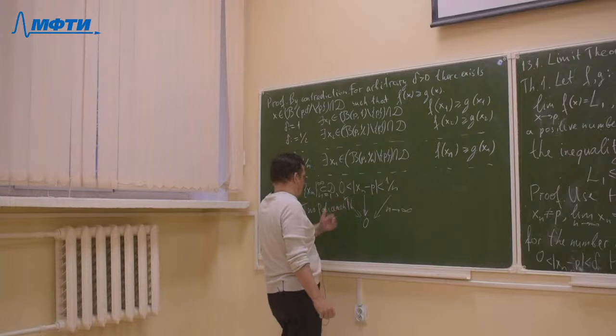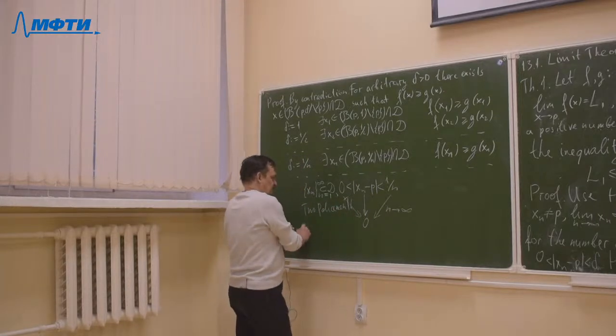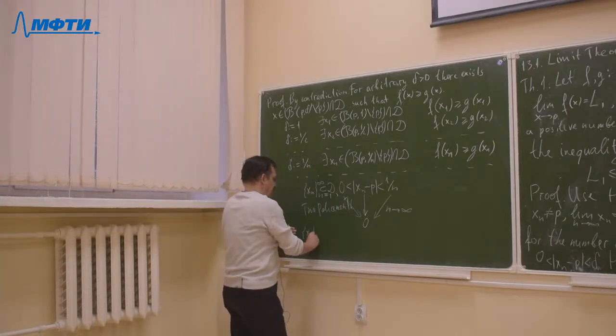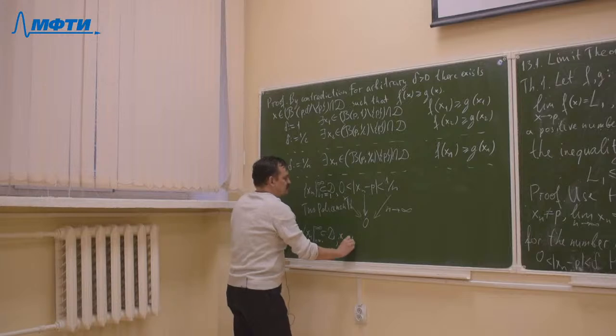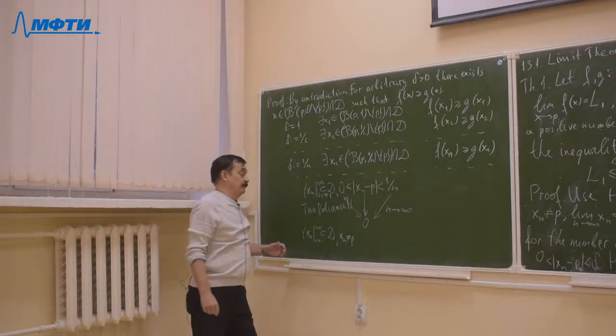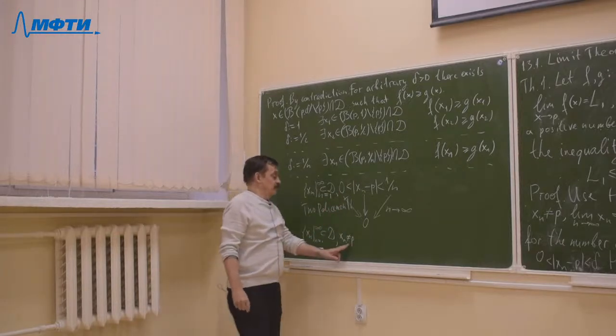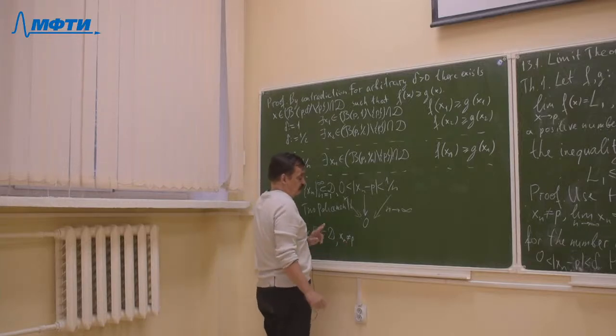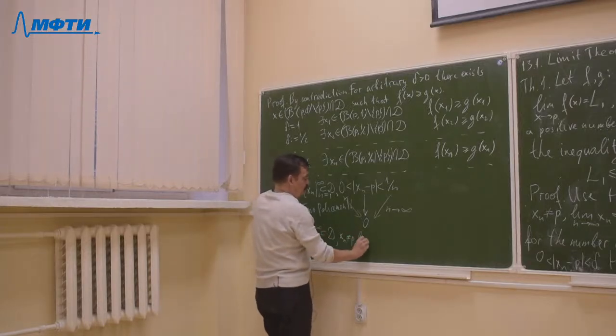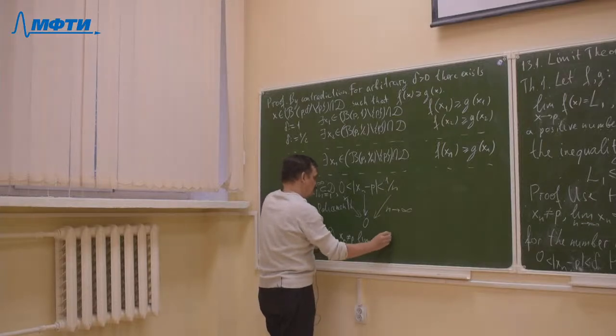So, what do we have? Let me write it. We have a sequence in D, all xn do not coincide with P, and the limit of the sequence xn equals P.